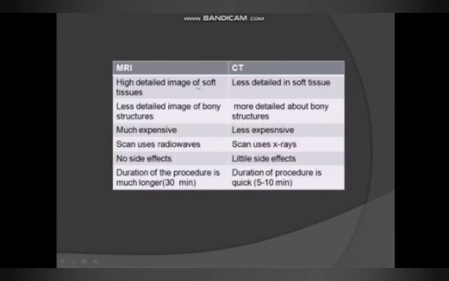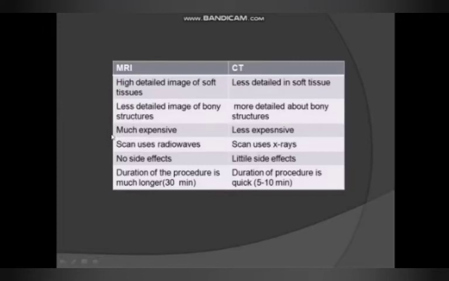Here is a small comparison between MRI and CT. MRI gives a highly detailed image of soft tissue and a less detailed image of bony structure, while CT is less detailed in soft tissue and gives a more detailed image of bony structure.